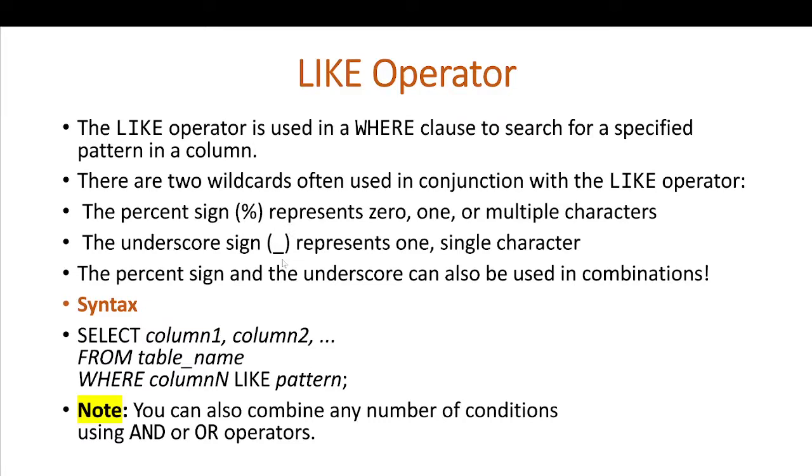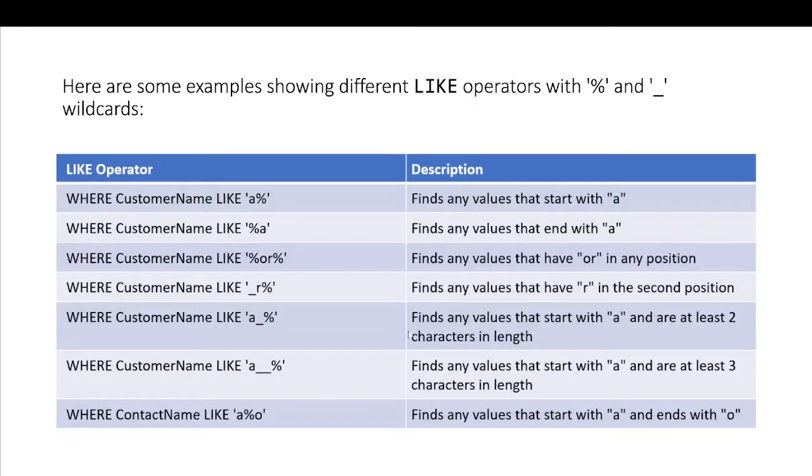Underscore represents only one. You will get to know better what these both mean in the next slide, but first we will see the syntax. Syntax is select column 1 or 2, you can give any number of columns, from the table name where, this one.